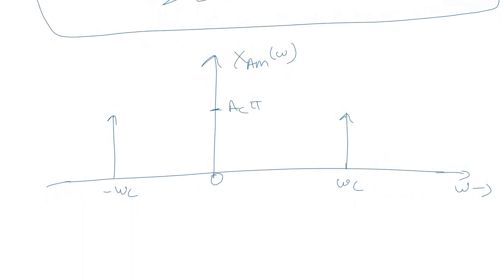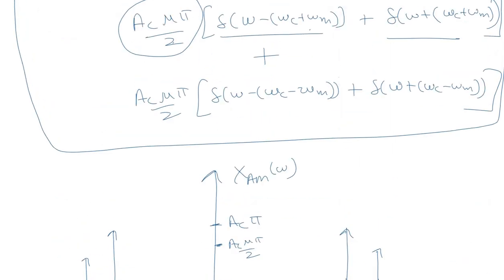So we have shifted impulses at ω_c plus ω_m and minus of ω_c plus ω_m, and the magnitude of this is A_C μπ/2.